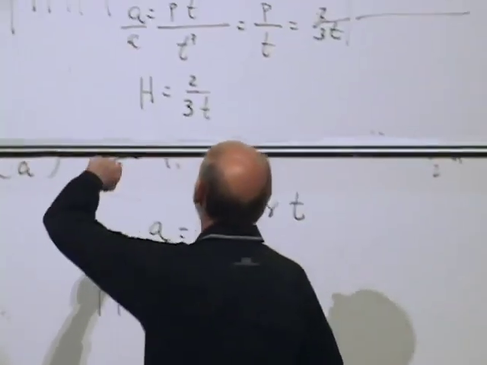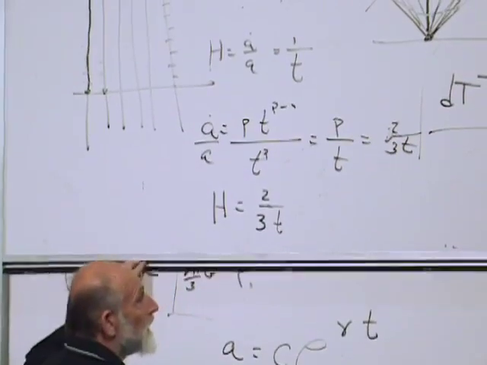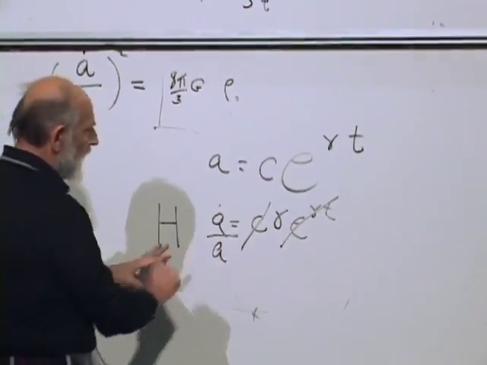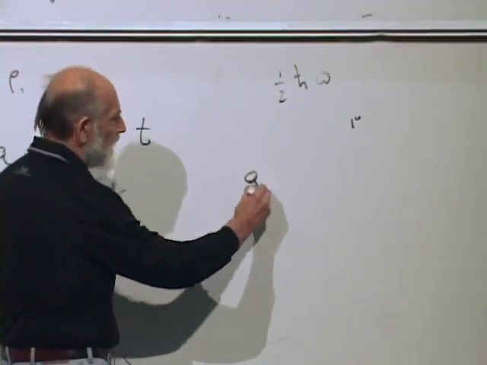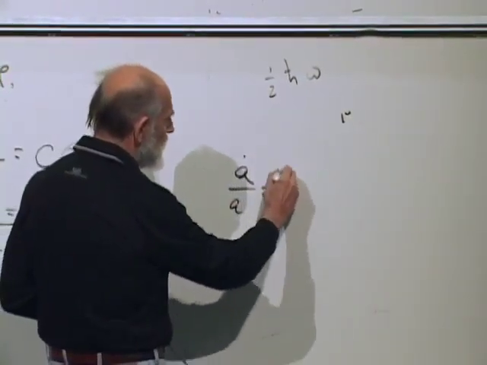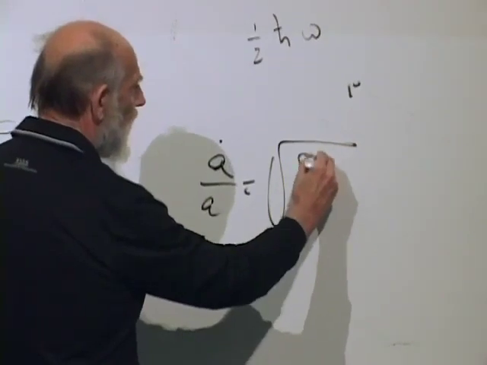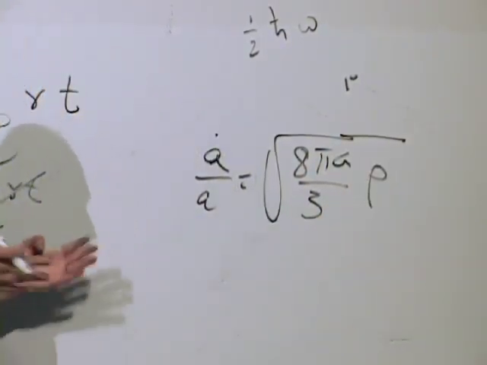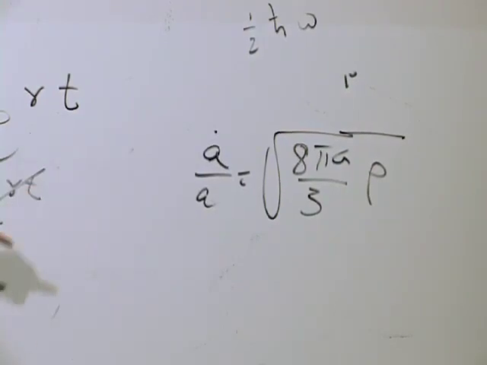And once we know that, A dot over A is equal to the square root of 8 pi G over 3 times rho. This is the square root of the FRW equation. All right.